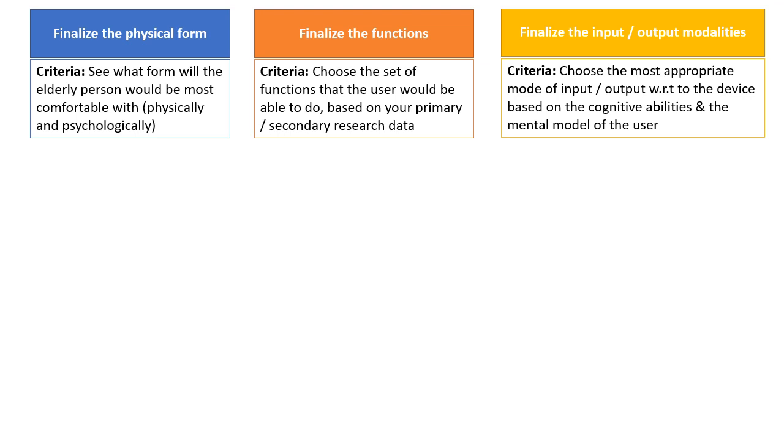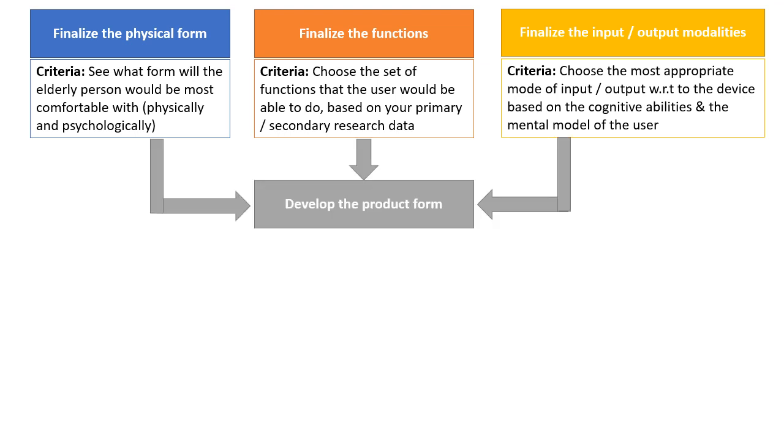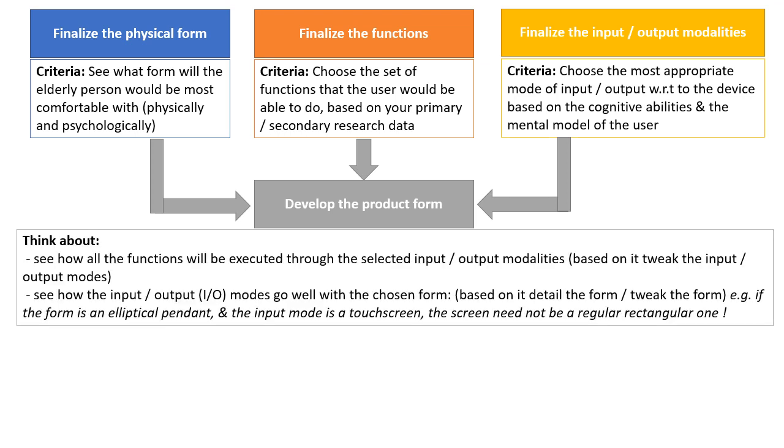Okay, and this should be based on the cognitive abilities and the mental model of the user. Now once you have finalized each of these domains, you should take insights from this and develop the product form. While developing the product form, the first thing is to see how all the functions will be executed through the selected input and output modalities.